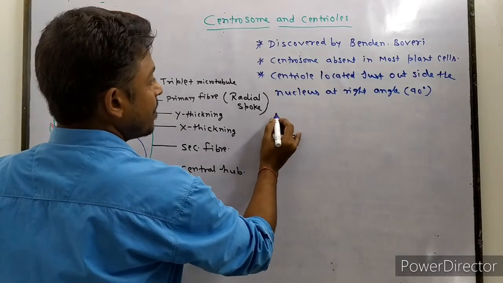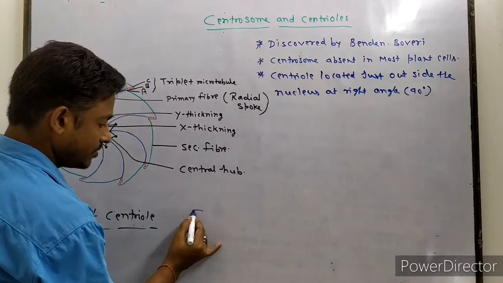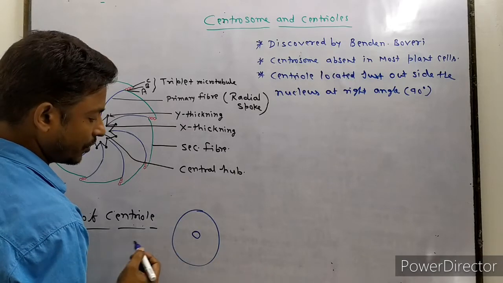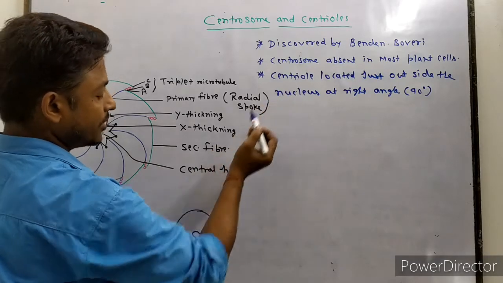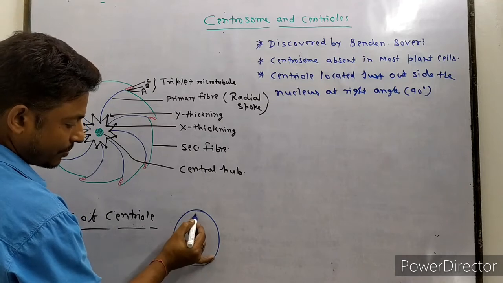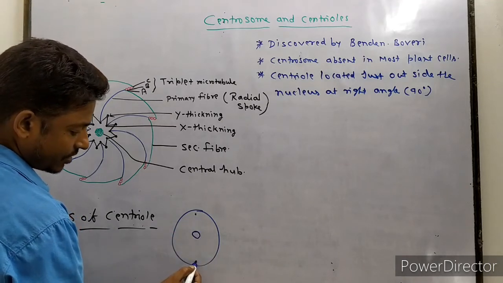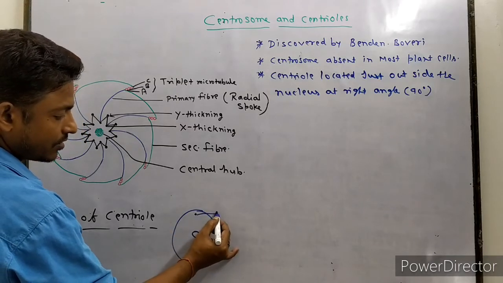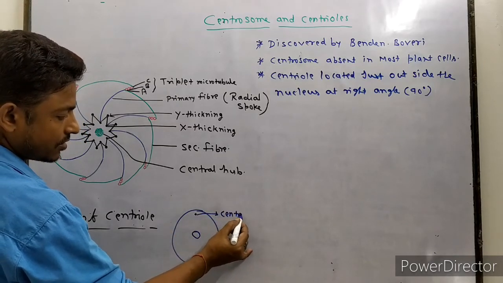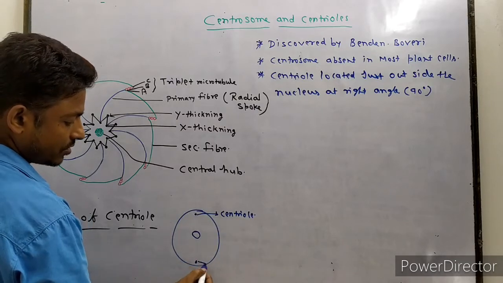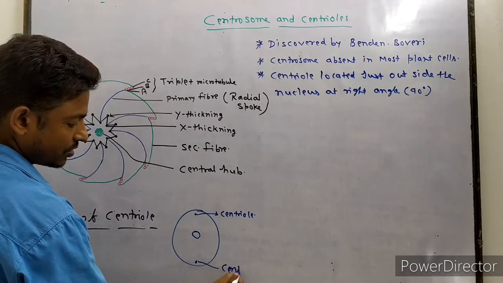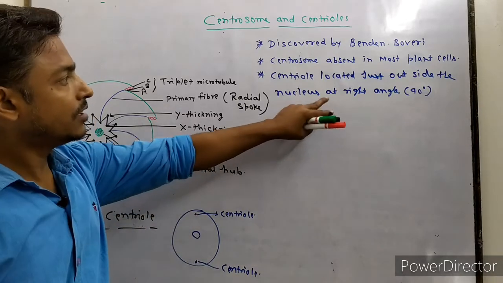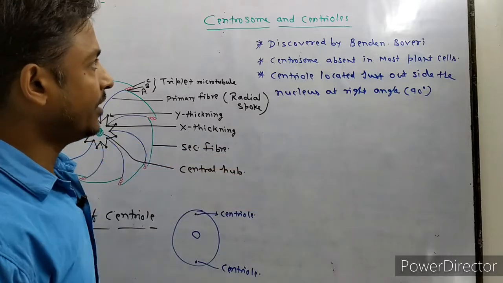Suppose it is a cell, this one is the nucleus, and the centrioles are present just at right angle, 90 degree. Here it is a centriole, and this one also a centriole.